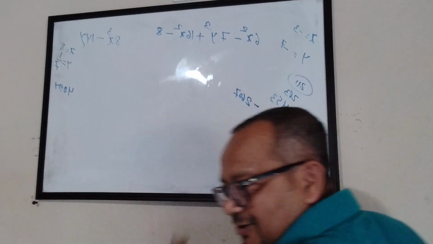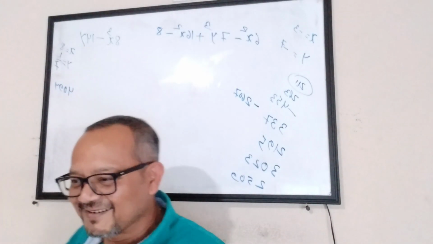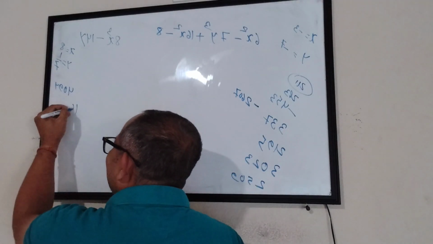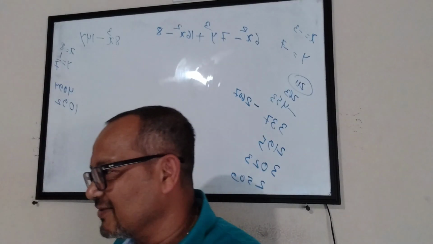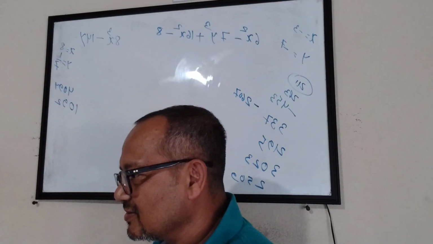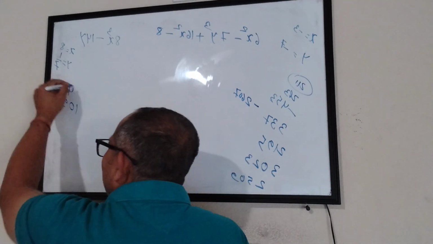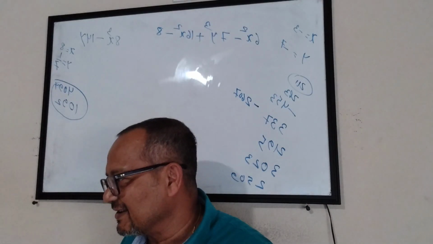Let's see what Pranav says. For the second one, I got 192. Wonderful. Yeah, Arav. For the second one, I got 4,094. So here, more or less everybody is aligned.